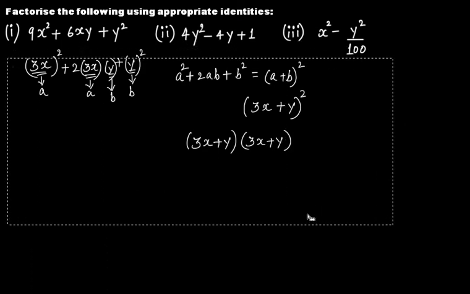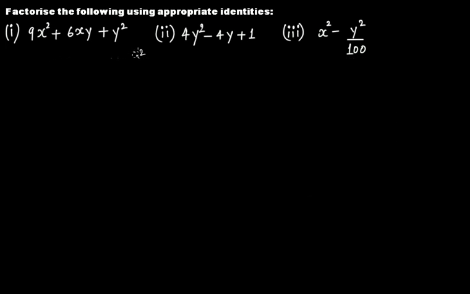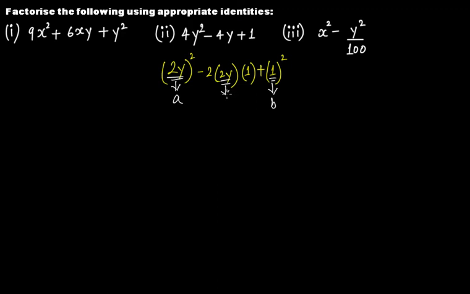Now, in the second one, we have 4y squared minus 4y plus 1. So 4y squared means (2y) whole squared, plus 1 means plus (1) whole squared, and minus 4y means minus 2 multiplied by 2y multiplied by 1. So if we take 2y as a and 1 as b, it is of the form a squared minus 2ab plus b squared.